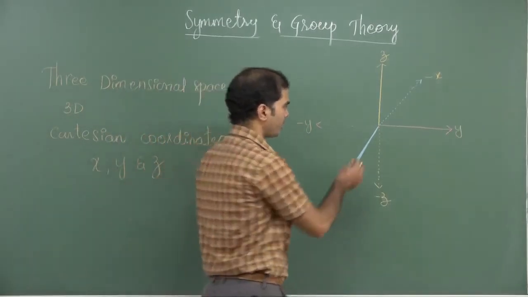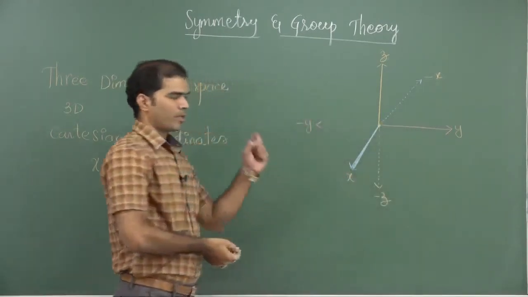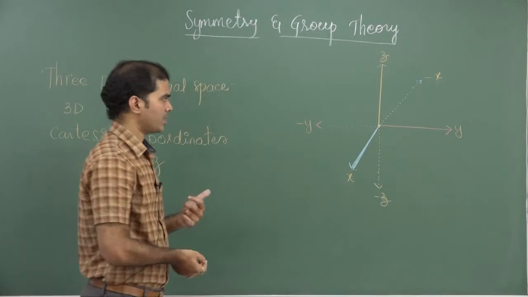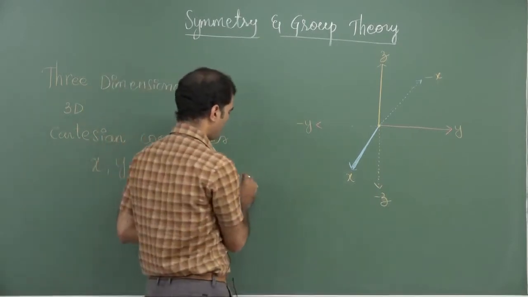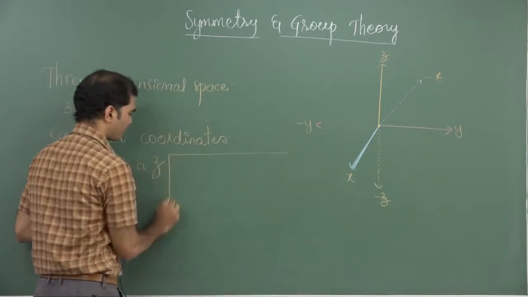So how do I define a particular point? Whatever point we choose in this space has 3 degrees of freedom. We say any point in a space enjoys 3 degrees of freedom.